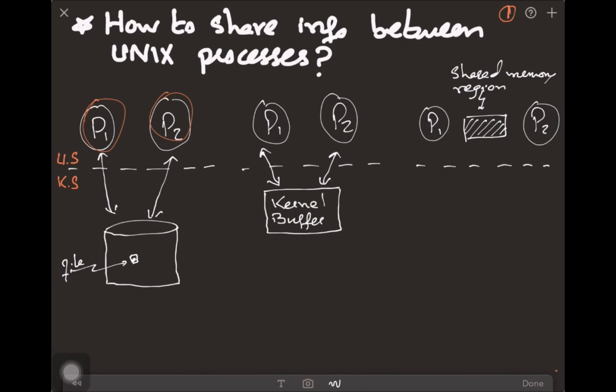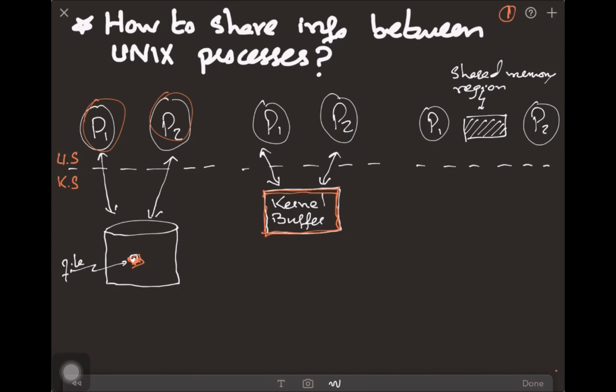Previously, one process used to create a file on the disk, write onto that file, and the other process reads that file. This procedure was very slow because it involved the disk writing. Later on, Unix introduced the idea of creating a buffer inside the kernel space, an object that can be read and written by processes.